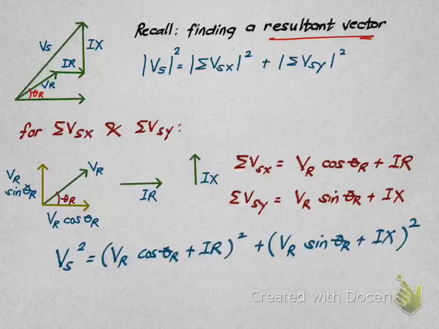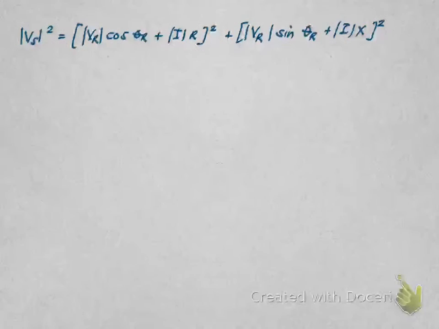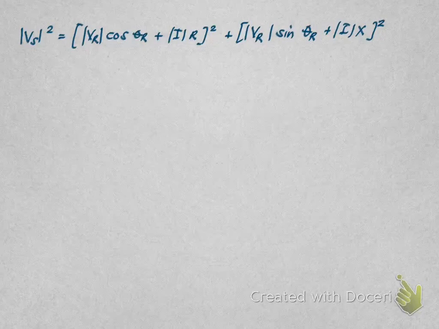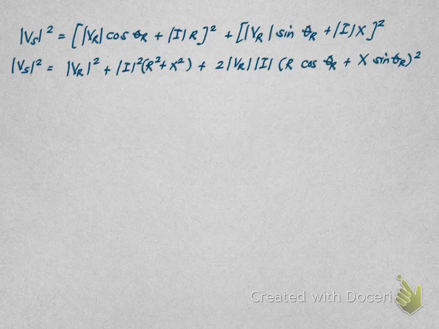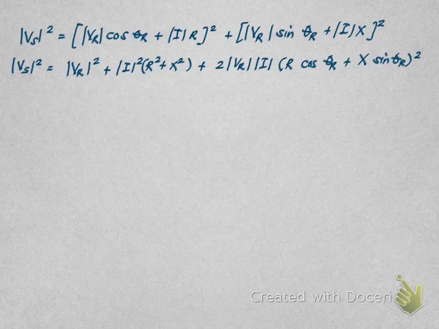Please don't get confused. Now going back, we have that Vs equation here. We have to expand the square, and it's given here: VR squared plus I squared, R squared plus X squared, etc.